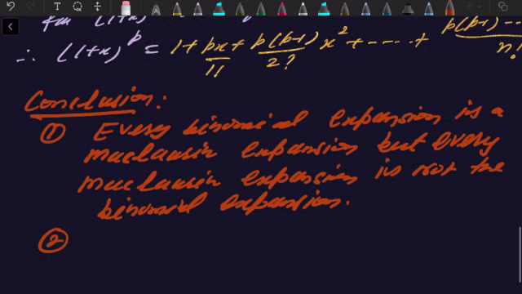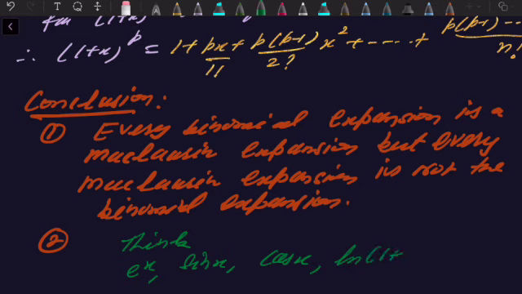Now how can we claim this? Can we think of these functions? Think e raised to power x, sin x, cos x, ln 1 plus x.